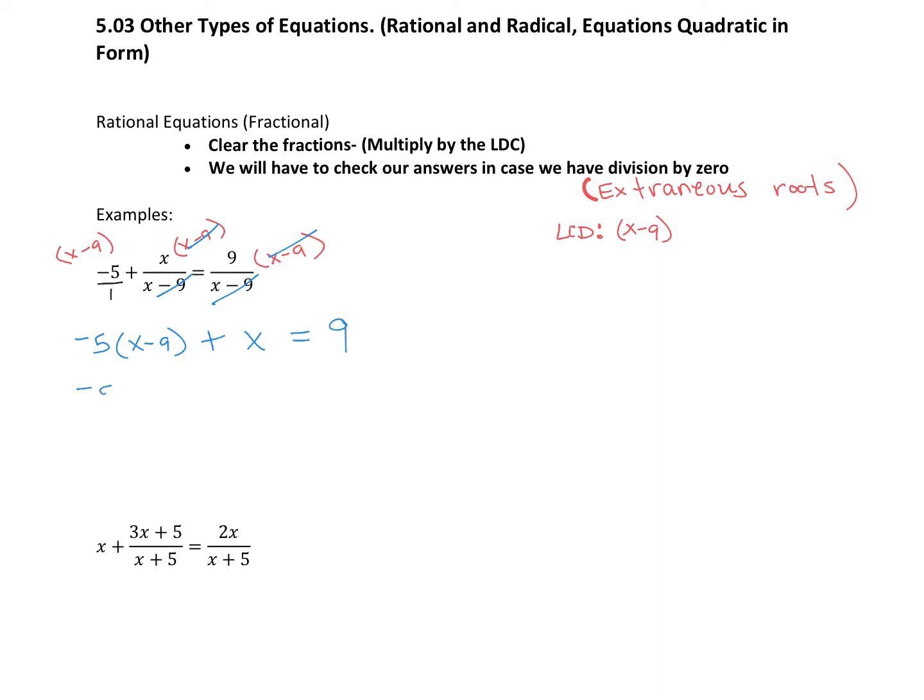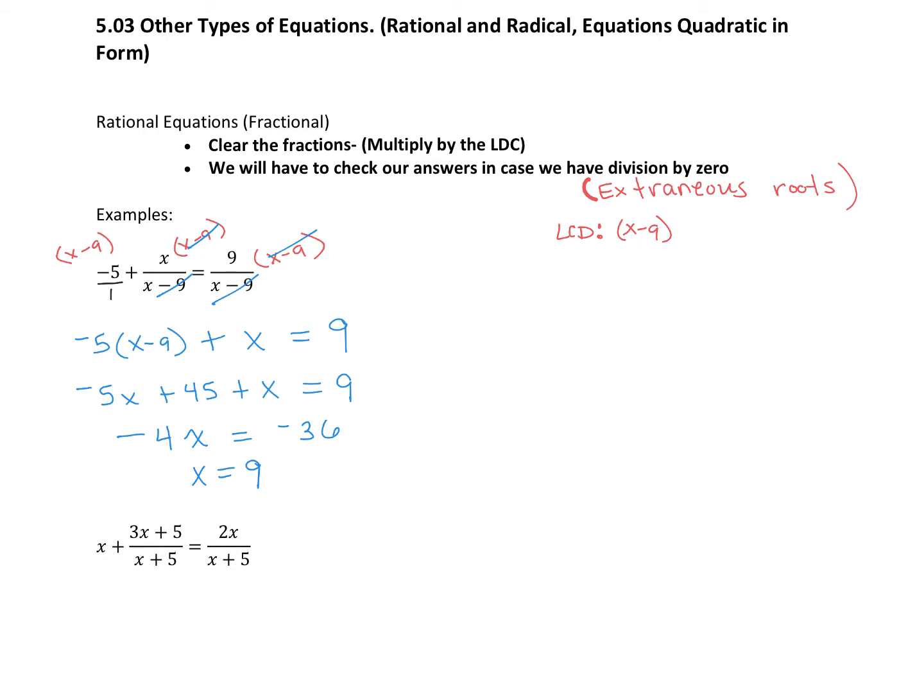So I get negative 5x plus 45 plus x equals 9. And collecting like terms, I get negative 4x, and then I get 9 minus 45, or 36, actually negative 36. And so in this case, x is equal to 9.